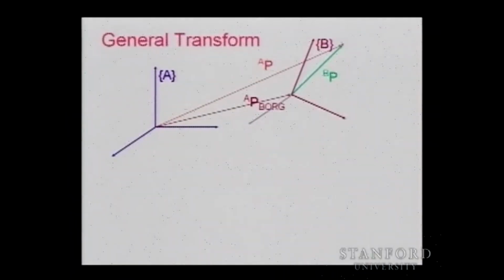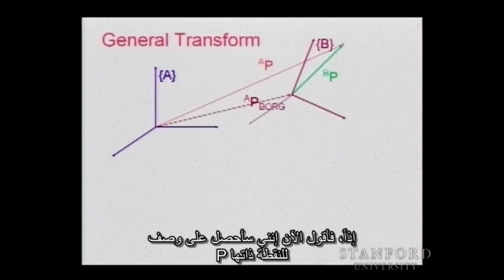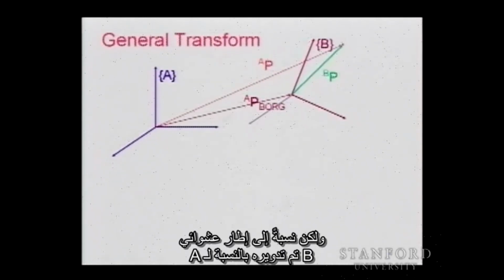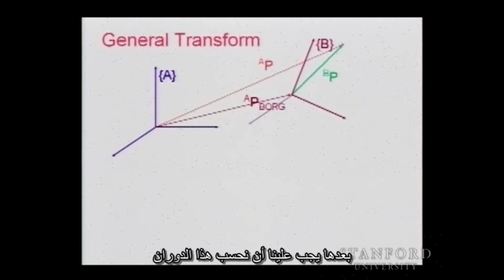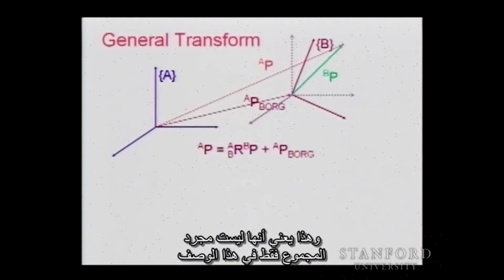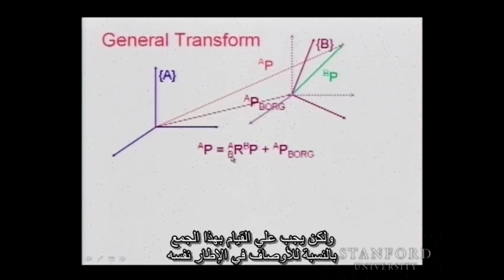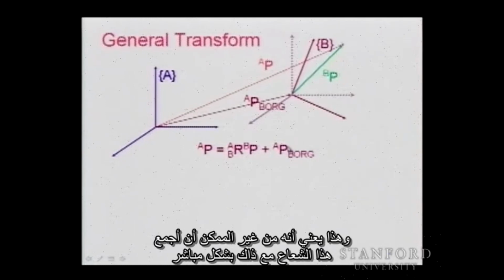So when we come to the general transformation, now I'm saying I'm going to have a description of this same point P, but with respect to an arbitrary frame B that is rotated with respect to A. Then we need to account for this rotation, and that means that in the description here, it's not simply the sum, but I have to do the sum with respect to descriptions in the same frame. That is, I cannot add this vector directly with this vector.